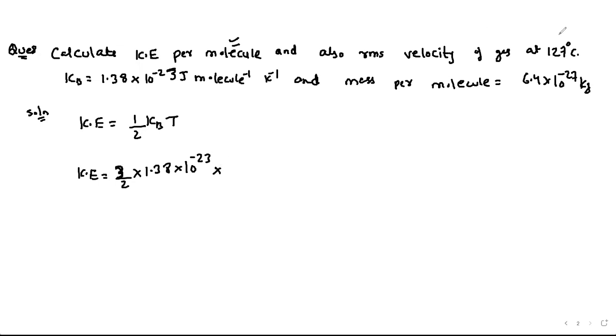Into T, your temperature is 127 degrees Celsius, that means it is 300. So that's 1.5 into 1.38 into 300 into 10 raised to the power minus 23. 1.5 into 300 is 450, so it's 450 into 1.38.